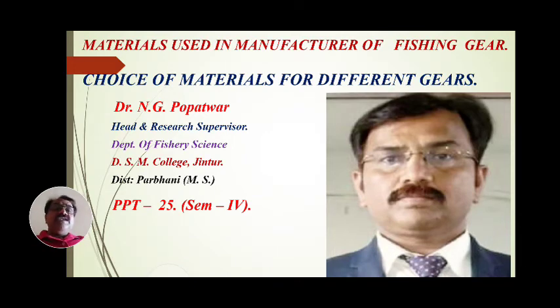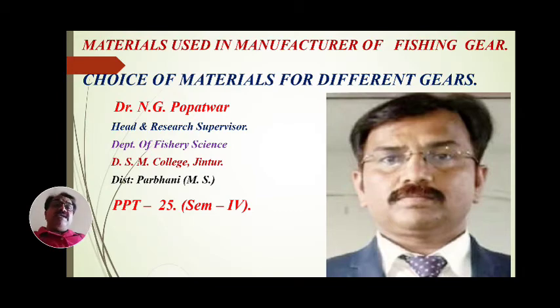Then next to these fibers we have completed the varieties of netting yarn, then different types of ropes, classification of these ropes used for manufacturing, then floats, a number of floats, that may be low density float, that may be high density float, special types of floats, as well as sinkers, buoys and anchors.